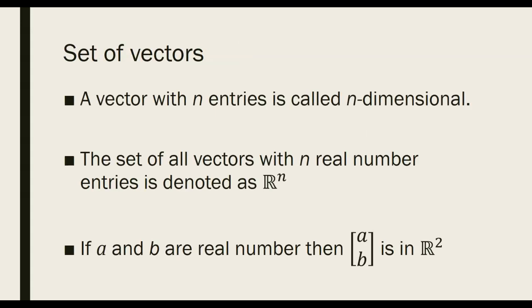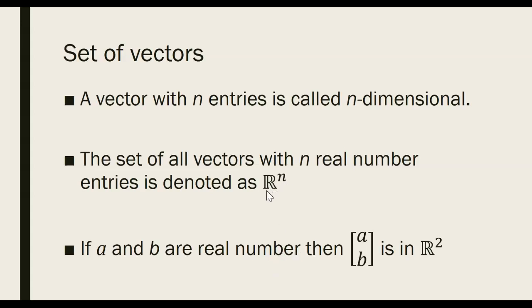And just a little bit of the language that we use. A vector with n entries, so an n by 1 column matrix, we call an n-dimensional vector. And the set of all vectors with n dimensions, whose entries are real numbers, is called Rn.